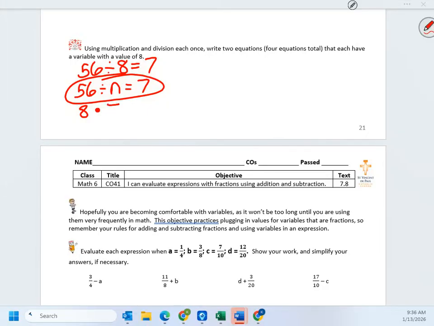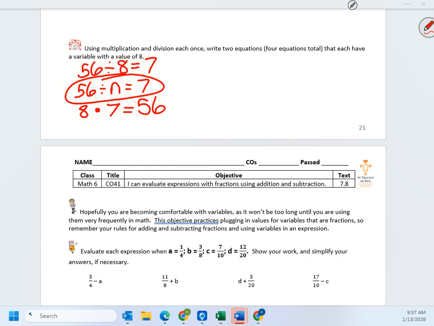I want to flip it to multiplying now. So instead of dividing, I'm going to multiply 8 times what, using these same numbers? Biddy? 8 times 7 equals 56, right? Using the exact same numbers, I'm just flipping it to multiplying.